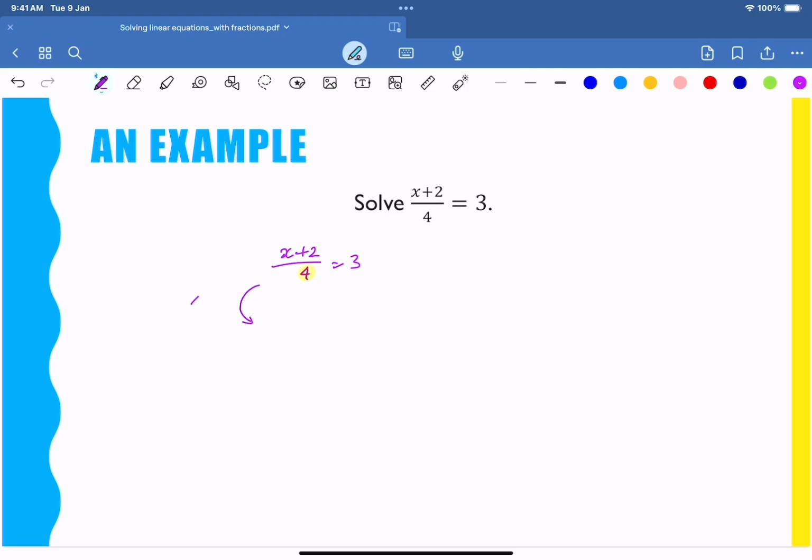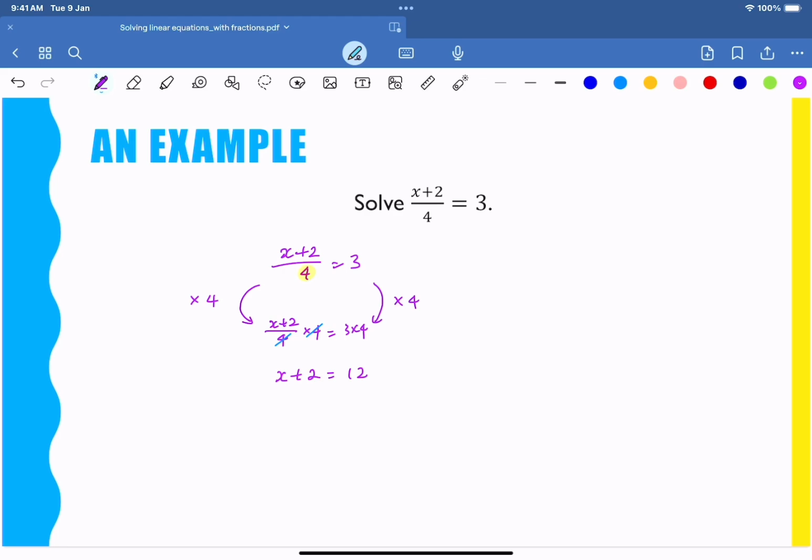So if I were to multiply 4 on both sides of the equation, I will have (x plus 2) over 4 times 4 equals 3 times 4. And what you realize is that I can cancel away the 4 down here, and I'll be left with x plus 2 equals 12. And now it goes back to something that we are familiar with.